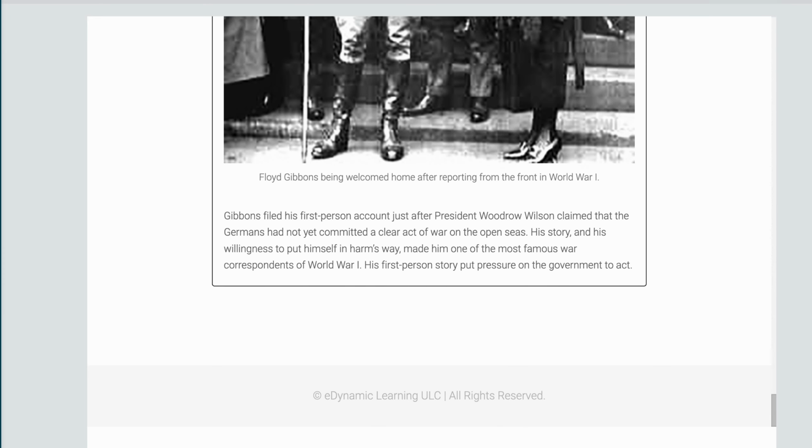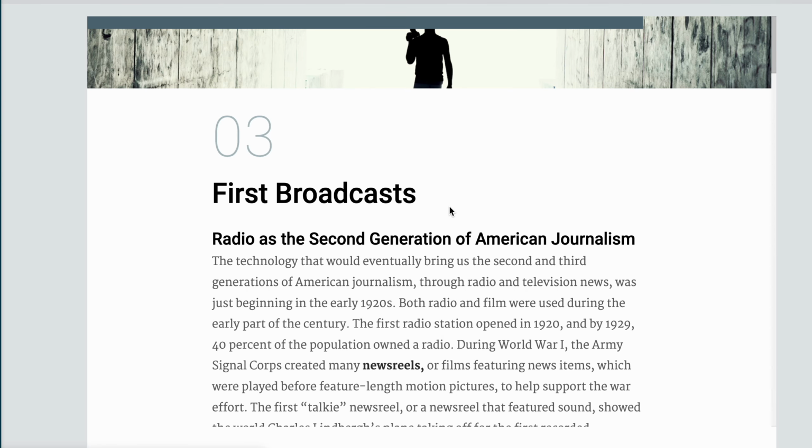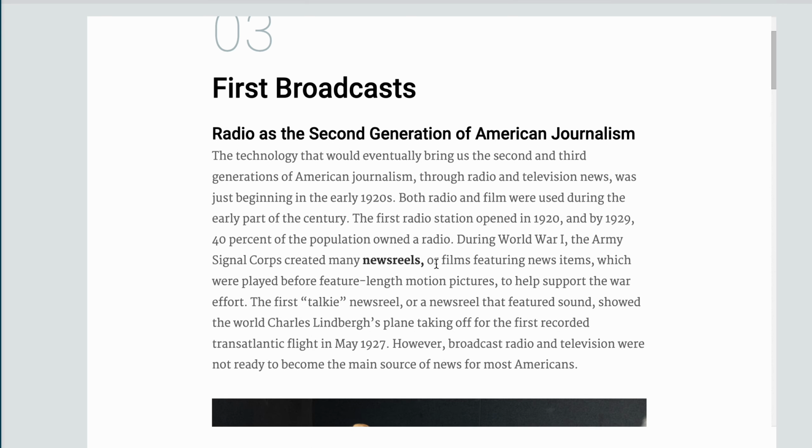Then we have lesson 3 about the first broadcast and radio as the second generation of American journalism. We can consider print journalism as the first generation, and now we have the invention of the radio, and people started to find information through the radio.